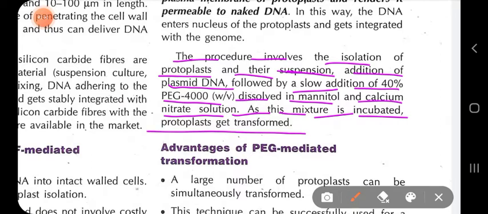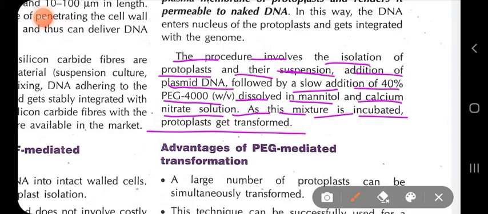So simply, what we do is isolate the protoplast, and keep that protoplast as a cell culture in liquid medium, which is a suspension culture. Then we add our plasmid DNA, which contains our desirable DNA of interest inserted into that plasmid, followed by slow addition of 40% polyethylene glycol in that solution.